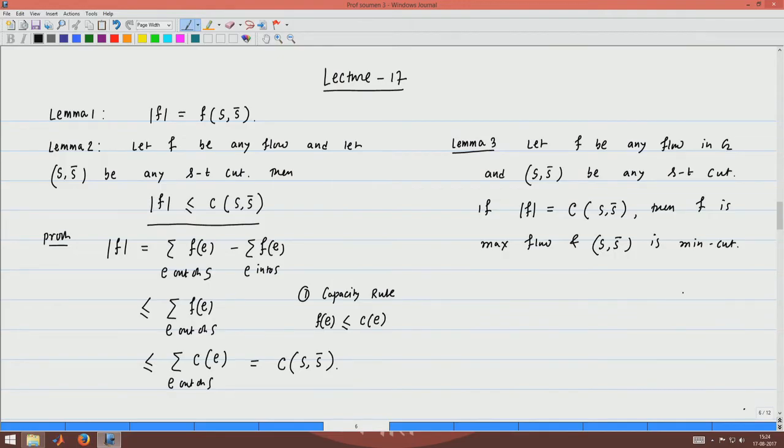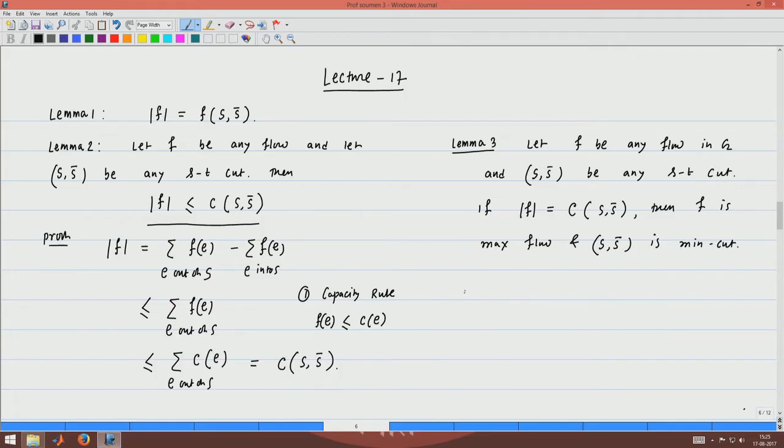This is sort of a consequence of this lemma, because for any arbitrary flow and arbitrary cut this is true, but when this equality holds, that is the maximum flow and the corresponding cut is the minimum cut.